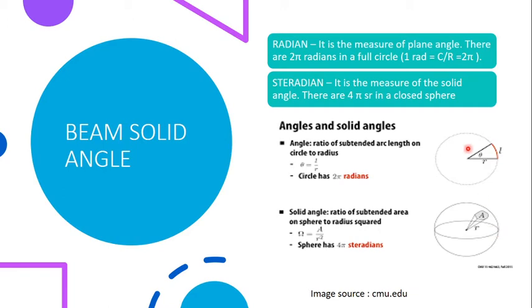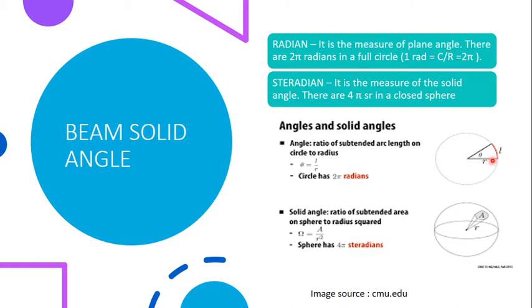So when we talk of two-dimensional shapes, we say radians. Whereas when I talk of a sphere or any other three-dimensional space, we call the term steradians and not radians. So we say that a circle has 2 pi radians and a sphere has 4 pi steradians. So this is the arc subtended, which is the circumference 2 pi r divided by the radius r.